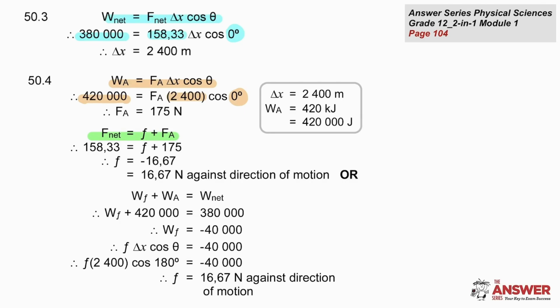Substitute the applied force and F net from the previous slide to get a frictional force of 16,67 newtons backwards. The second approach is to use the sum of works to get the negative work done by the frictional force. The angle between delta x and the friction is 180 degrees, which gives us the magnitude of the frictional force as asked for.